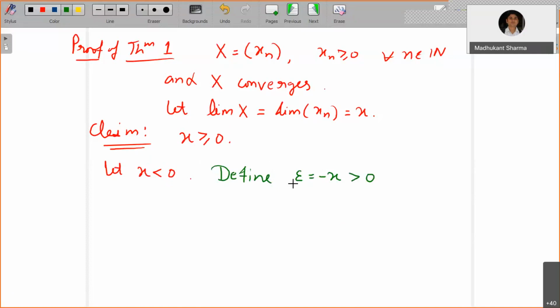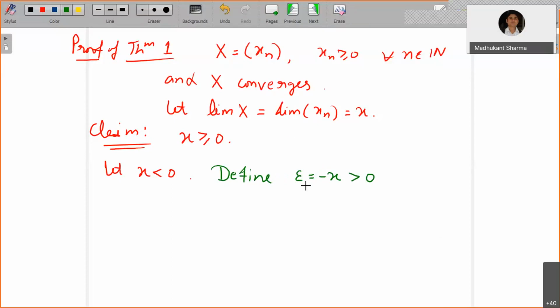Now, note that the definition applies here. For every epsilon bigger than 0, you are able to find a stage afterwards where all the terms lie inside the neighborhood of x with radius epsilon.